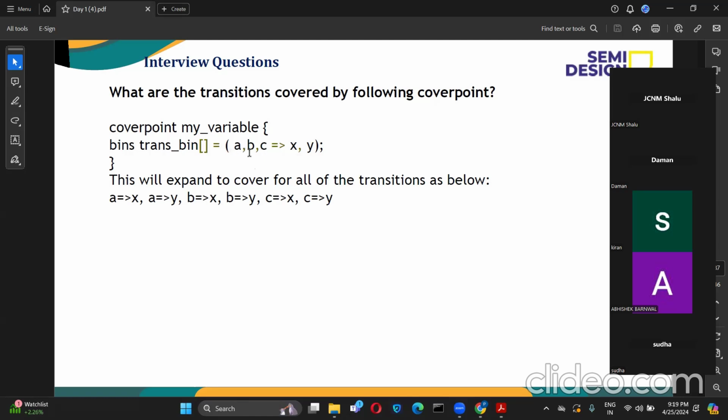We can give a range. So A, B, C transition to X and Y. So from A to X, A to Y, then B to X, B to Y, and C to X, C to Y. All these combinations will come. So here, how many bins will get created in that case? 6 bins. Correct.